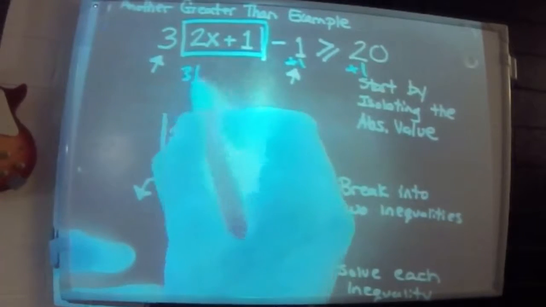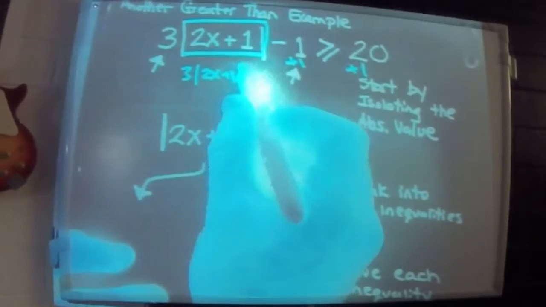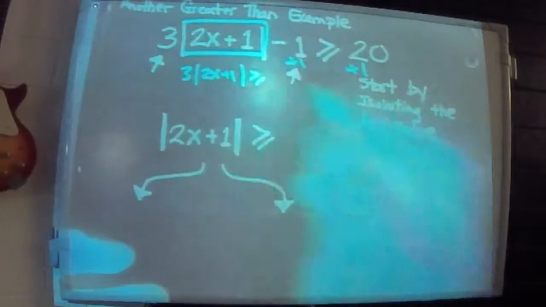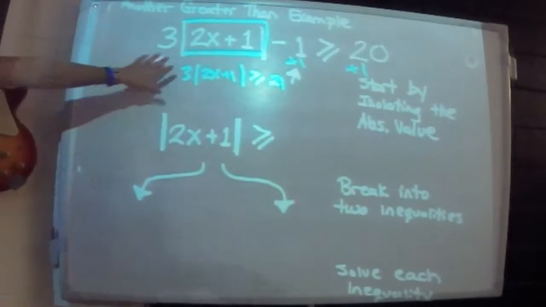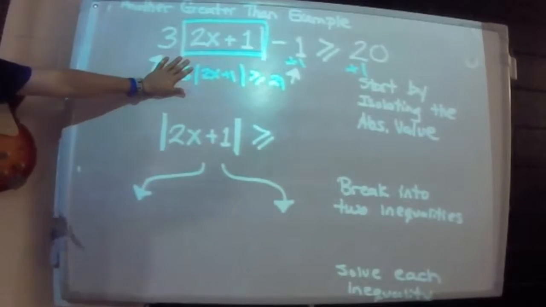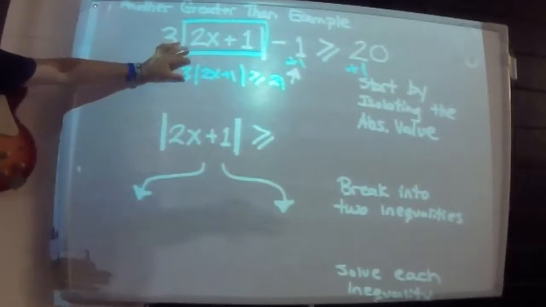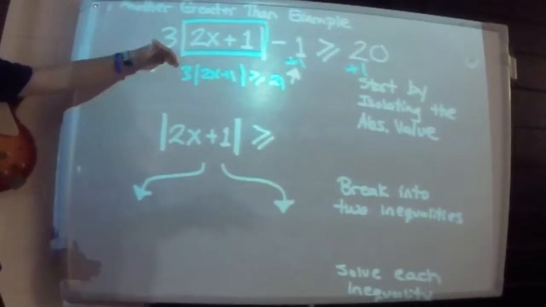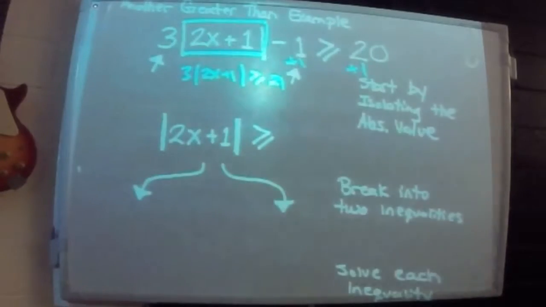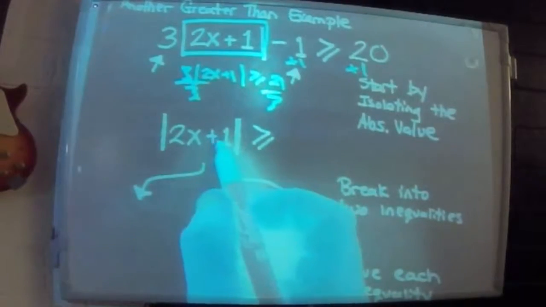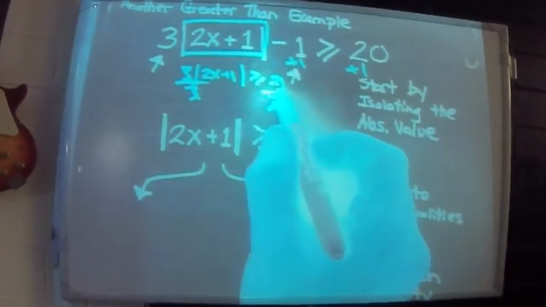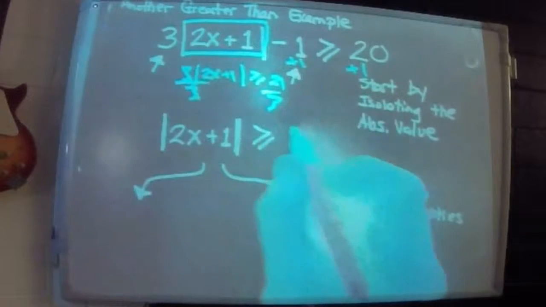And we get 3 times the absolute value of 2x plus 1 is greater than or equal to 21. Then we have to divide the 3 off. Don't minus the 3 off, don't add the 3, don't multiply the 3. This is like 3 times a box, so just divide both sides by 3. And we get the absolute value of 2x plus 1 is greater than or equal to, what's 21 divided by 3? 7.